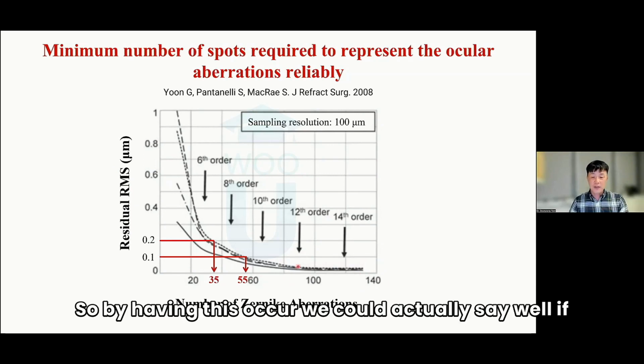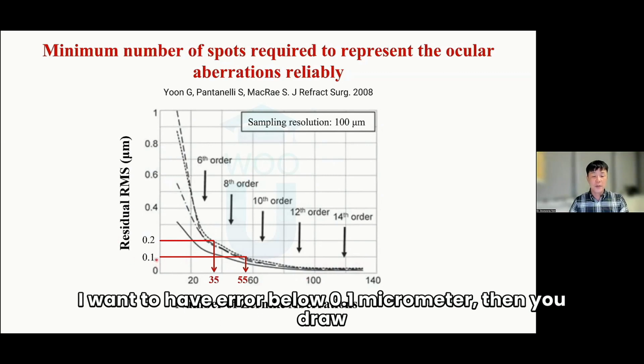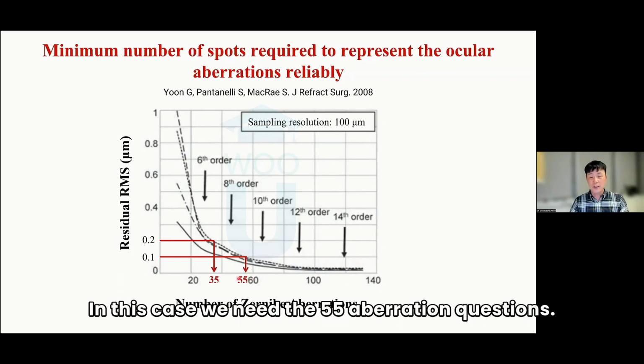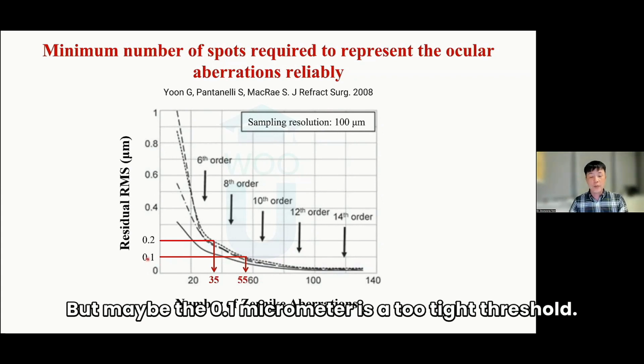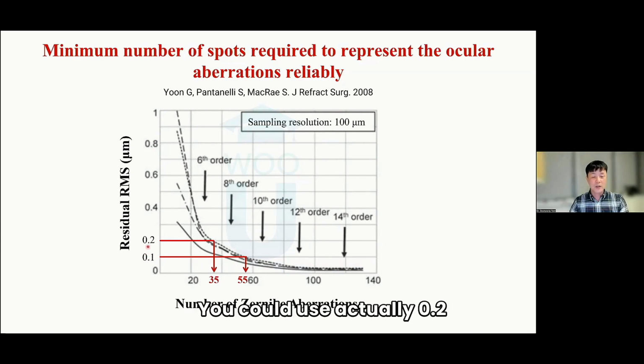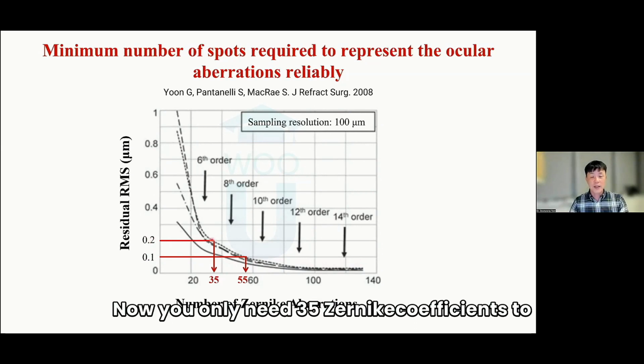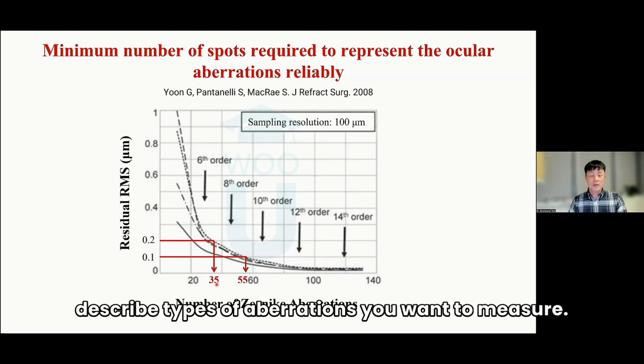By having this curve, we could say, if I want to have error below 0.1 micrometer, then you draw the line and figure out how many coefficients we need. In this case, we need 55 aberration coefficients, but maybe 0.1 micrometer is too tight a threshold. You could use 0.2 micrometer as a more realistic threshold. Now, you only need 35 Zernike coefficients to describe the types of aberrations you want to measure.